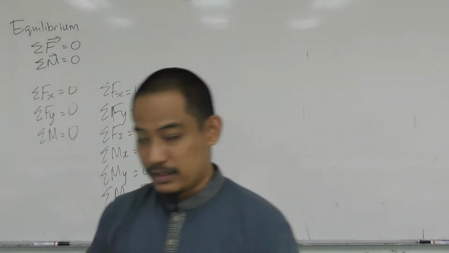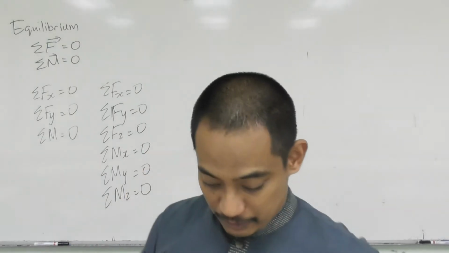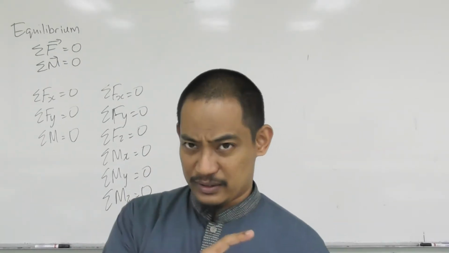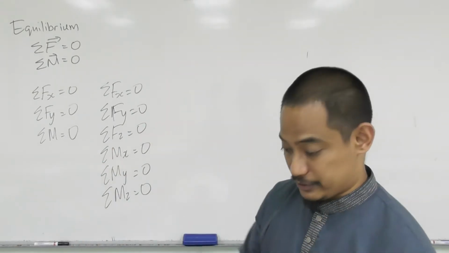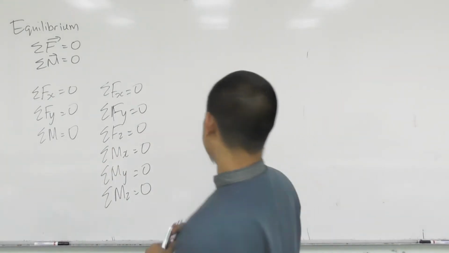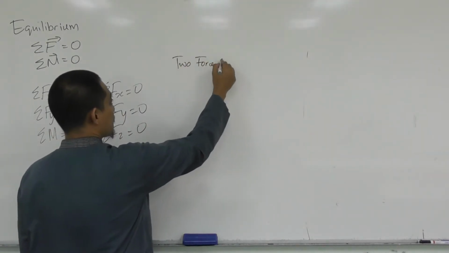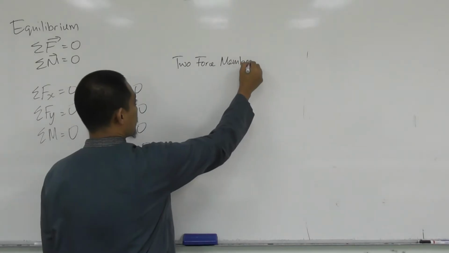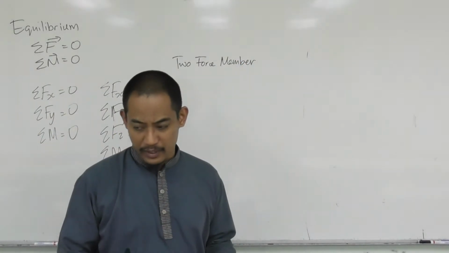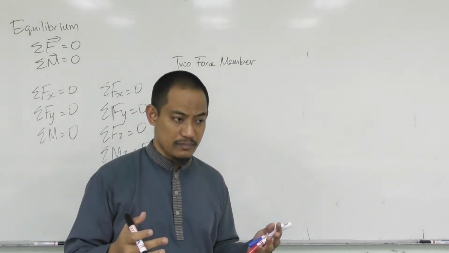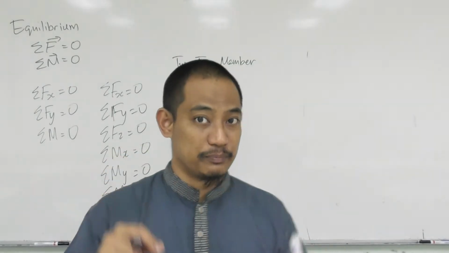Yeah, and then the slide goes into the 2 force member. We have covered this in the last lecture, but we'll cover it again just to refresh, right? So what is a 2 force member? By definition it is any member that has forces acting on it only at 2 different points, right?